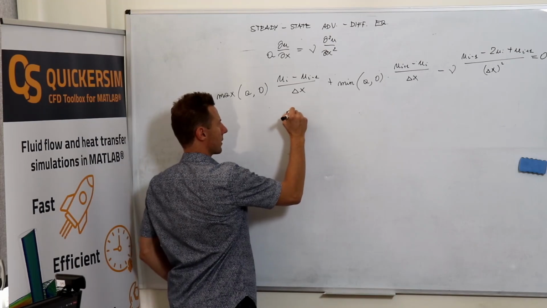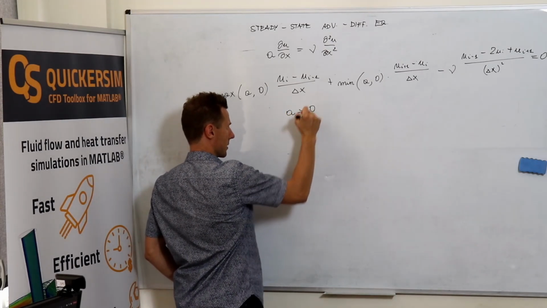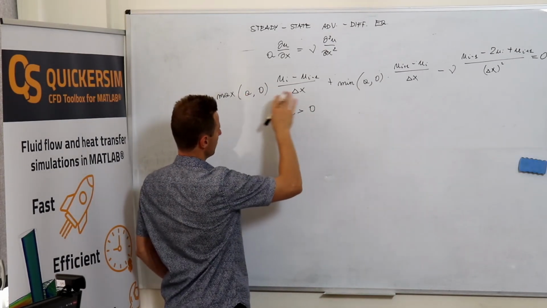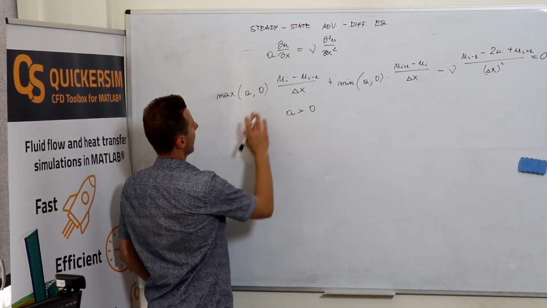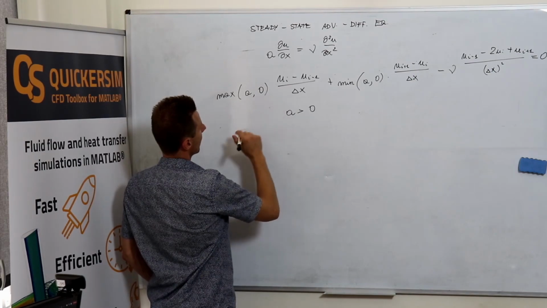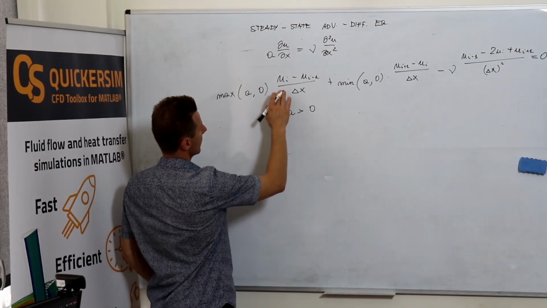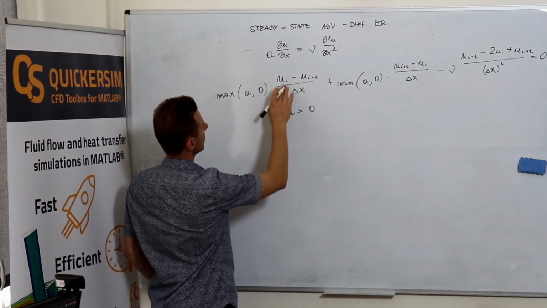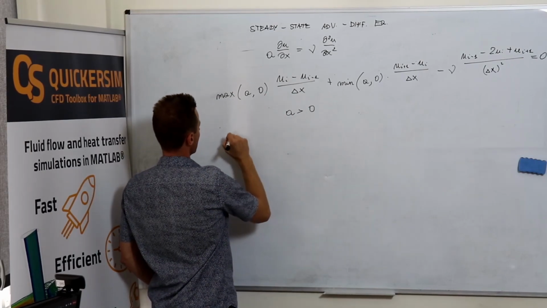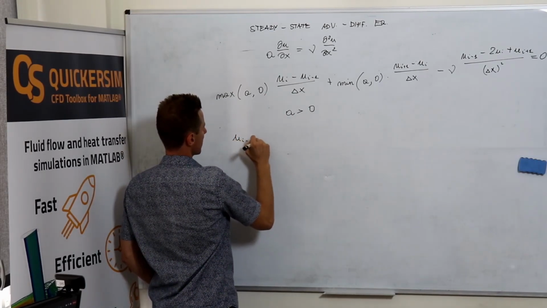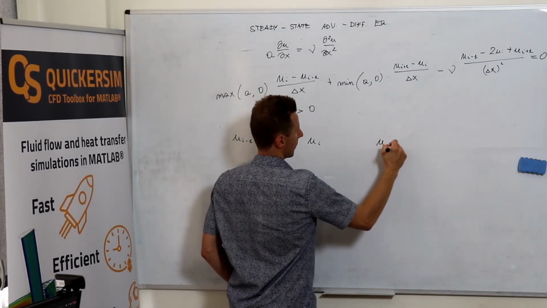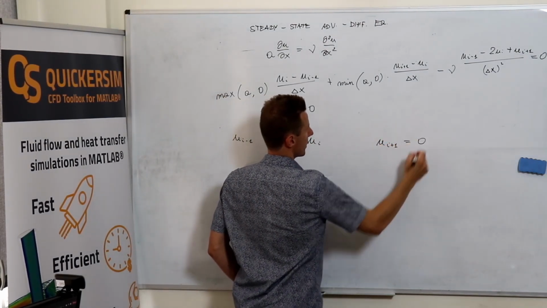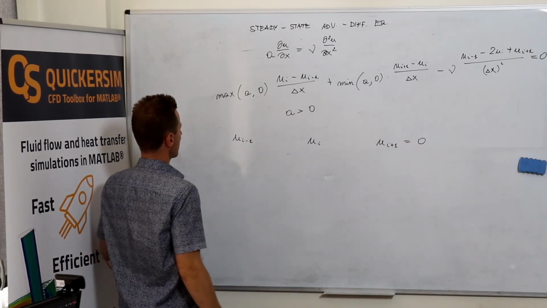Let's assume for a minute that we've got positive velocity so that we do not need to put these two terms into our matrix. Let's order it somehow. First of all, we've got u_{i-1}, u_i, u_{i+1} equals 0, and let's see what kind of coefficients we've got.